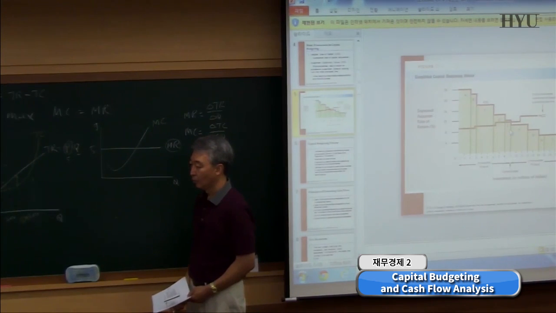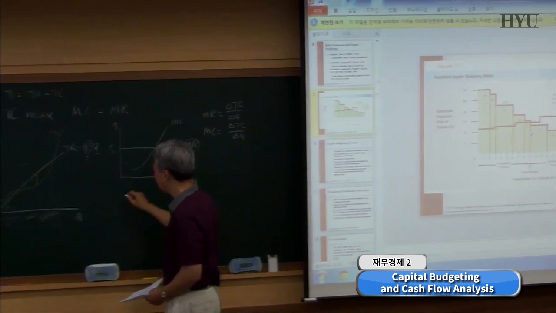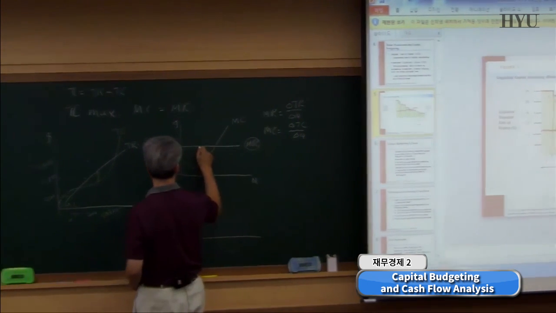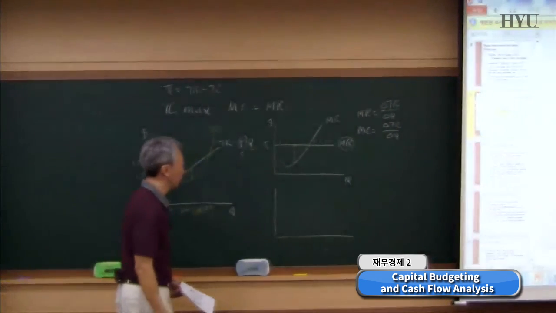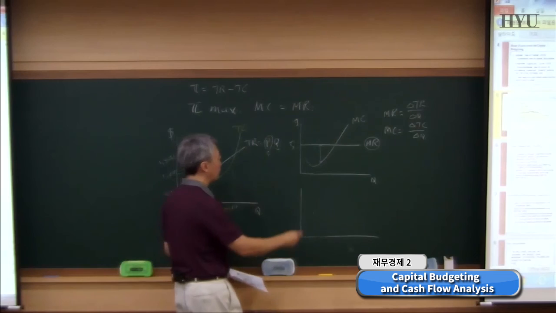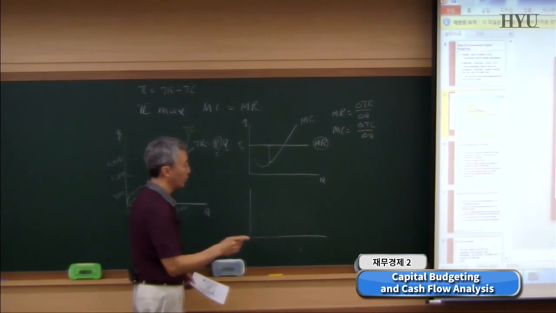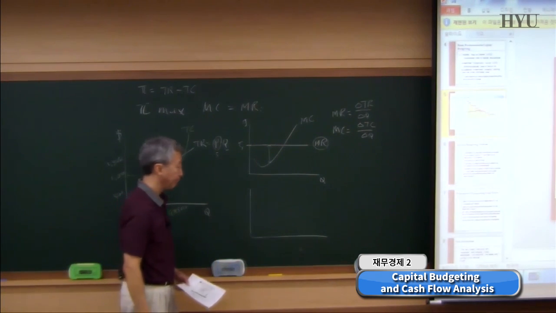And where is the profit maximizing point, right? Well, think about this difference between the marginal revenue and marginal cost, okay? So marginal revenue is pretty simple, right? Every time you produce one additional unit, your total revenue increases by 5, okay?